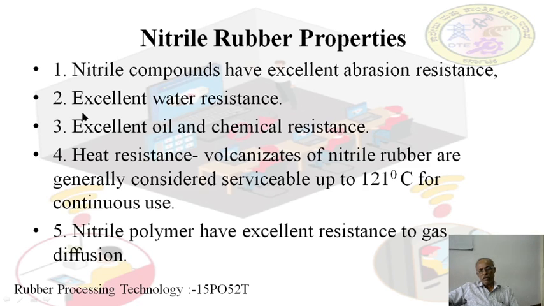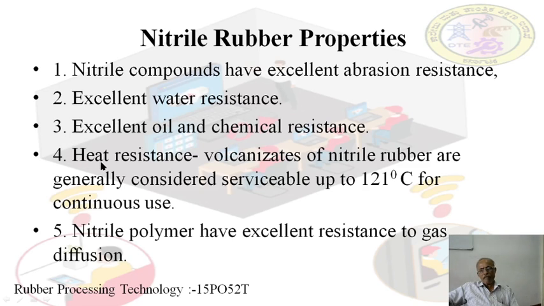So, nitrile rubber is very familiar for its outstanding resistance to oil and chemicals. That is why, for example, rubber used in oil fields is manufactured from nitrile rubber.